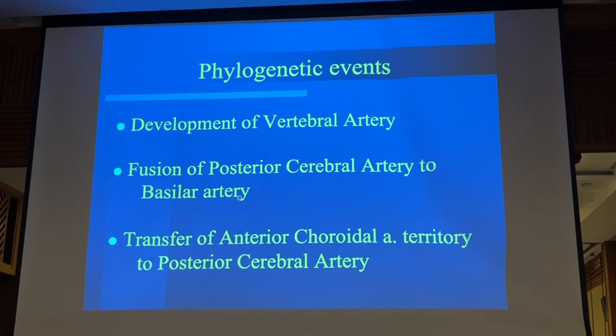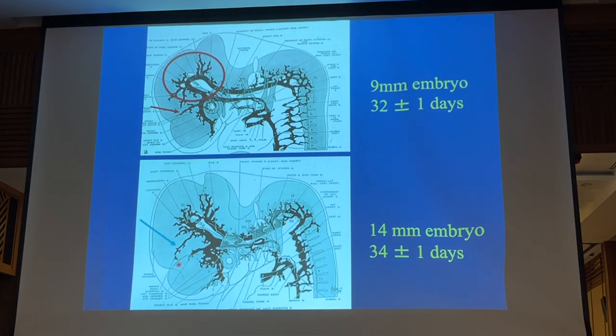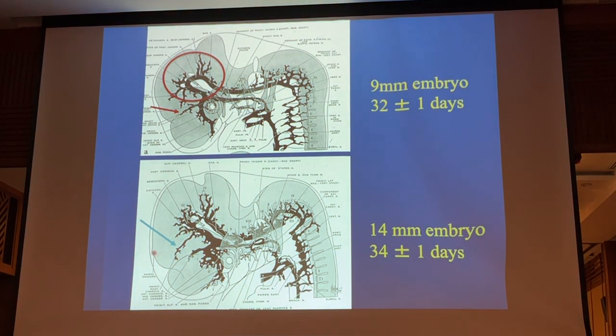An important thing I'm going to say is the transfer of anterior choroidal artery territory to posterior choroidal artery territory. You heard from Carell and Allen, and this is the third time you are hearing it. This is a 9 mm stage. You can see the cranial, or rostral, division of the internal carotid artery, and this is the anterior cerebral artery.